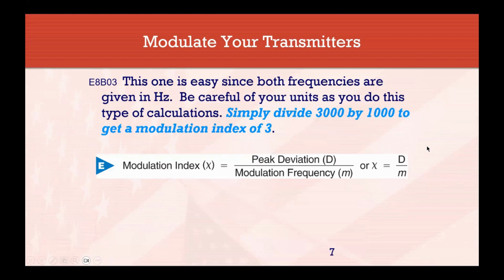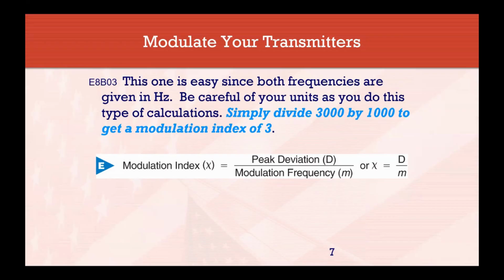Okay, then there's a question about the two frequencies. To get the modulation index, we divide the peak deviation by the modulating frequency, and that will tell us what it is. So if our peak deviation is 5 kilohertz, and our modulating frequency is also 5 kilohertz, we would have an index of 1.